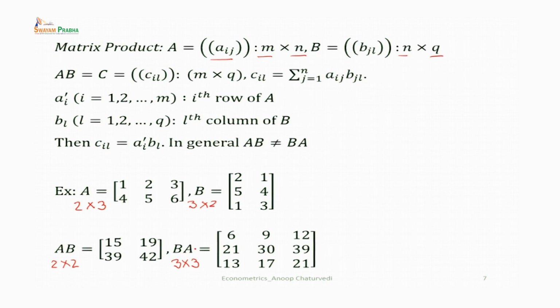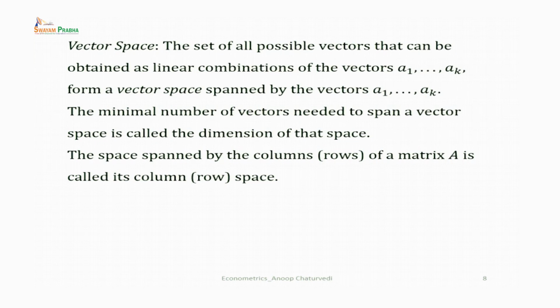Now, you define vector space. A vector space is the set of all possible vectors that can be obtained as linear combinations of the vectors A1, A2, up to Ak. Suppose you have a set of k vectors A1, A2, Ak. You take a linear combination of the form C1 A1 plus C2 A2 plus up to Ck Ak, and you take all possible such linear combinations.